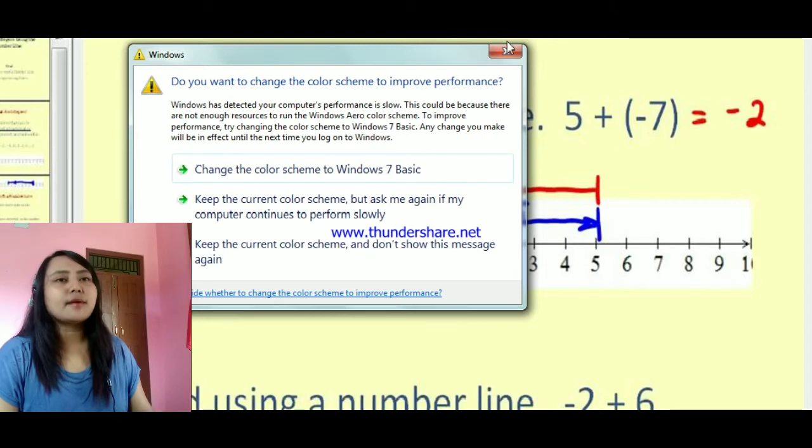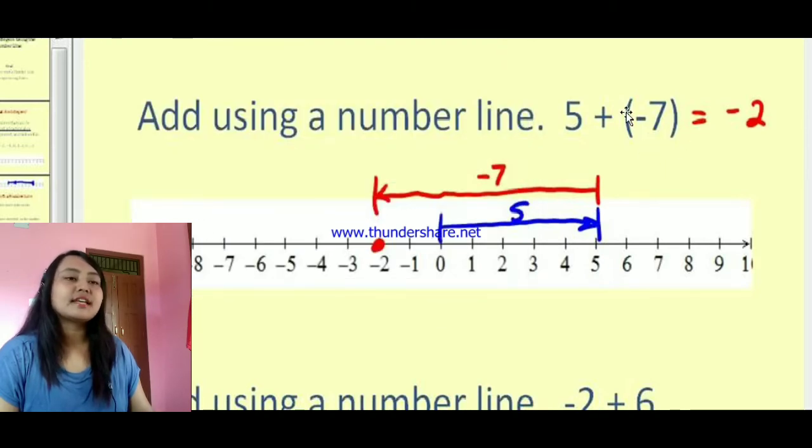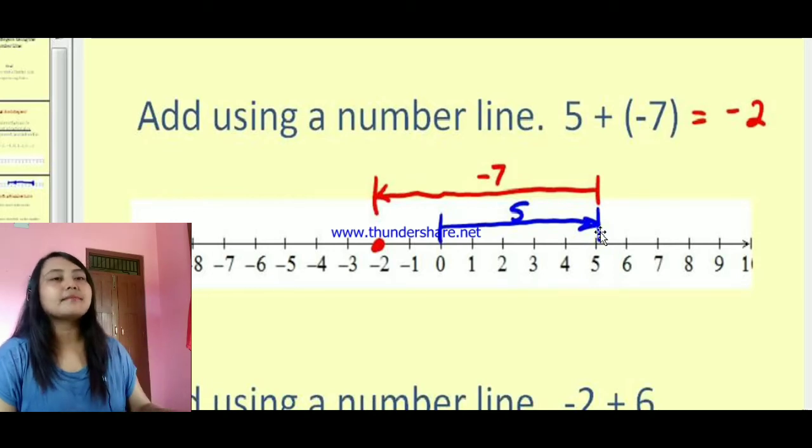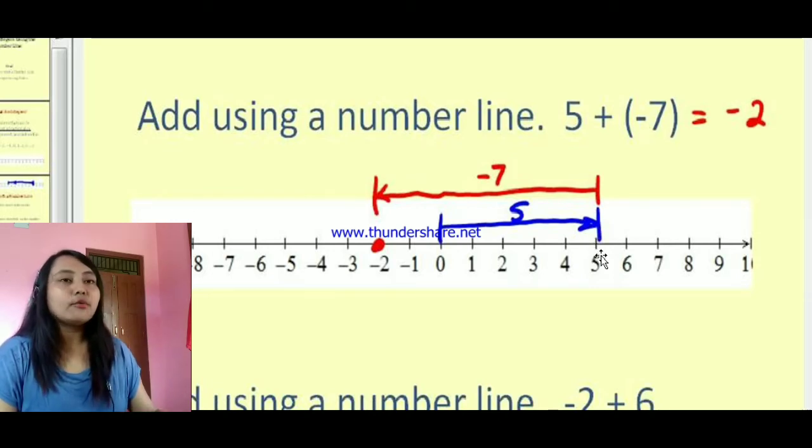Then another number is given, minus 7. Since the number has a minus sign, it should be going towards the left-hand side now. So starting from the same 5 that we had ended up at before, now we'll be counting minus 7, like minus 1, minus 2, minus 3, minus 4, minus 5, minus 6, minus 7.